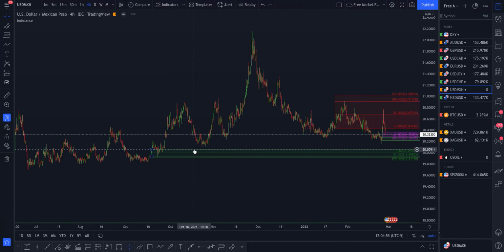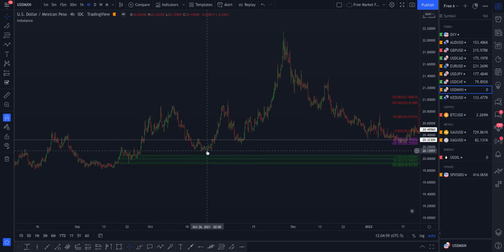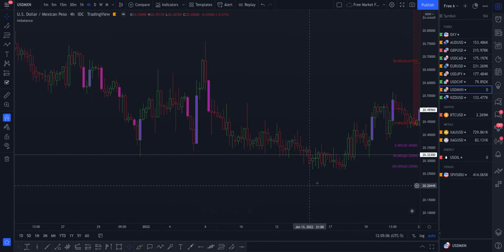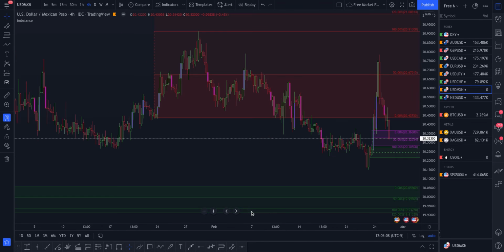Let's see, can we possibly go anywhere else? Yeah, see, that's been mitigated, that's been mitigated, that's been mitigated, but this institutional demand zone has not been mitigated.